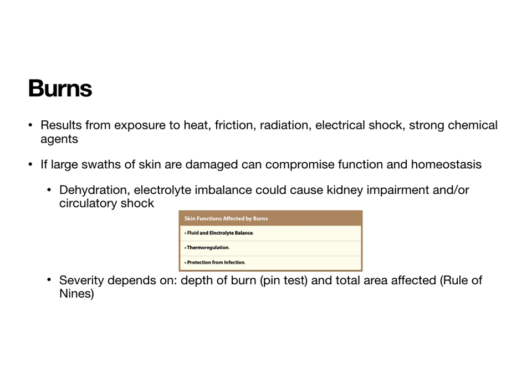Thermoregulation. Skin is a really important insulator. Without it, we're exposed to all the different environmental changes in temperature, and we're not able to regulate our temperature as well as we could otherwise. And then fluid and electrolyte balance.